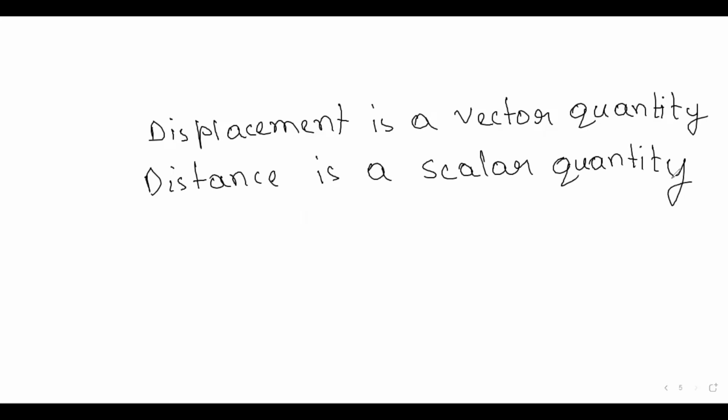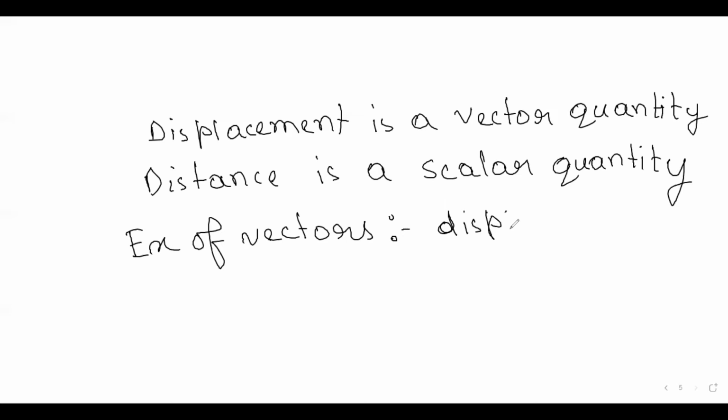So vectors are physical quantities that can be defined only if both magnitude and direction are specified. There are many kinds of vectors. Like we have learned already one, that is, let's say, displacement.